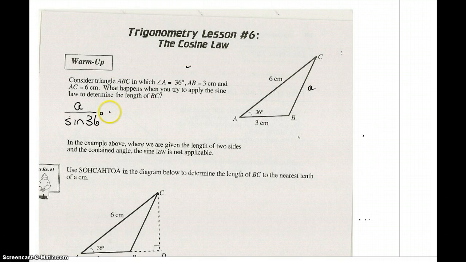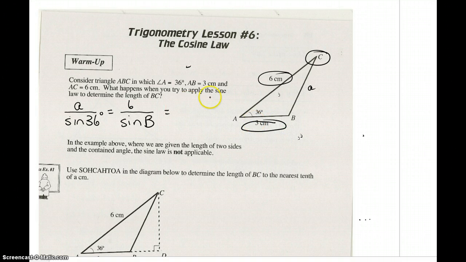So we set up our ratio, we take our b across from the big B, and that is 6. We'll put that over top of our sine B, but we don't have that particular angle. And then the other one we have is our C. Now C angle is right here, and it looks to me like we have a side that's corresponding. So we have a 3 and we have a sine C.